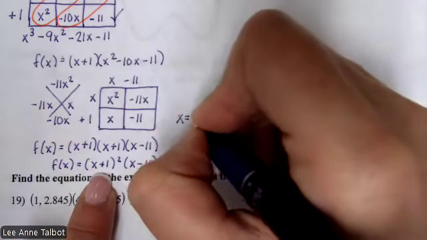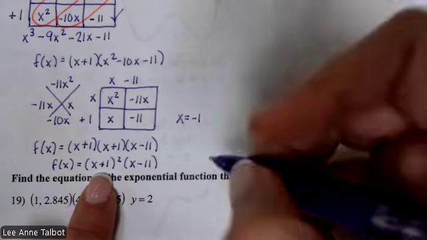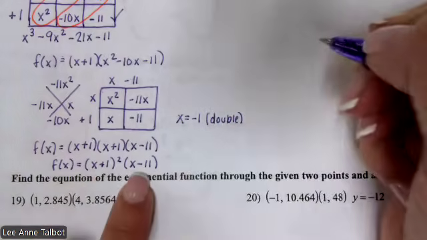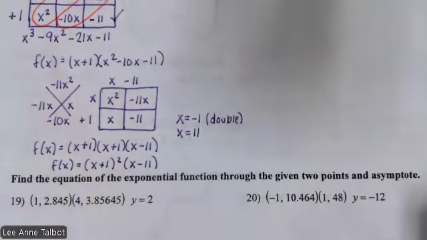Okay, what's the root here? X equals negative 1. And what kind of a root is that? Double. And x equals positive 11.